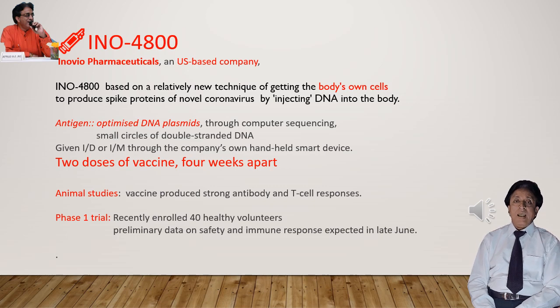Instead of using the virus vector, the genetic material which has the incorporated genes from the coronavirus is injected into the human body directly, and the human body cells are utilized to form the spike proteins for the coronavirus. And these spike proteins, once they are inside the human body, mount the immunological response against them, protecting itself from further coronavirus attack.